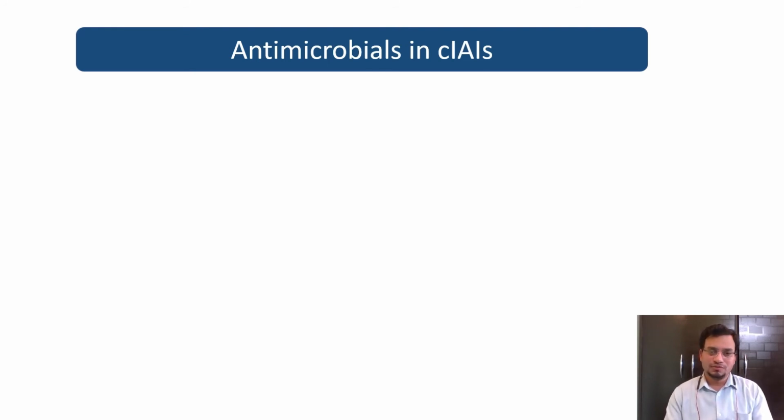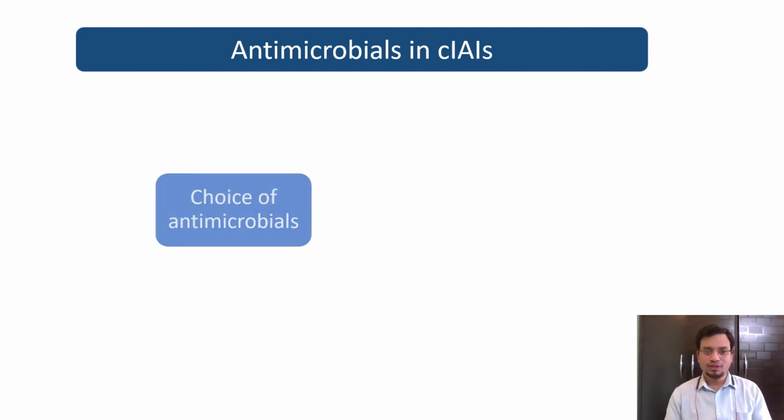So what are the antimicrobial agents which should be used in complicated intra-abdominal infections? You must be aware of those, because these complicated intra-abdominal infections are deadly, life-threatening infections, and you have to start antibiotics appropriately, in time, and in the right doses. The choice of antimicrobials in complicated intra-abdominal infections depends upon two important factors.